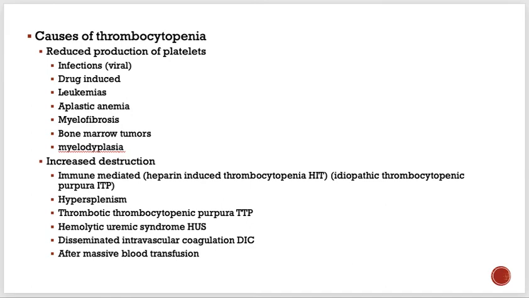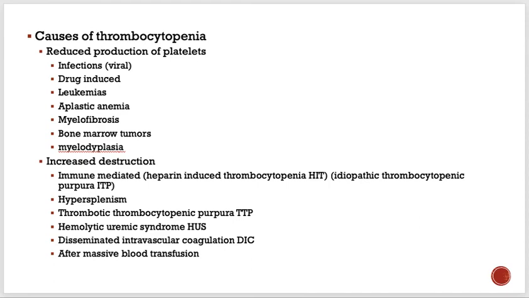Whenever we send a blood sample to the laboratory, it should contain anticoagulant. When there is anticoagulant in the blood, the platelets will not clump together, and then we may know the real number of platelets.